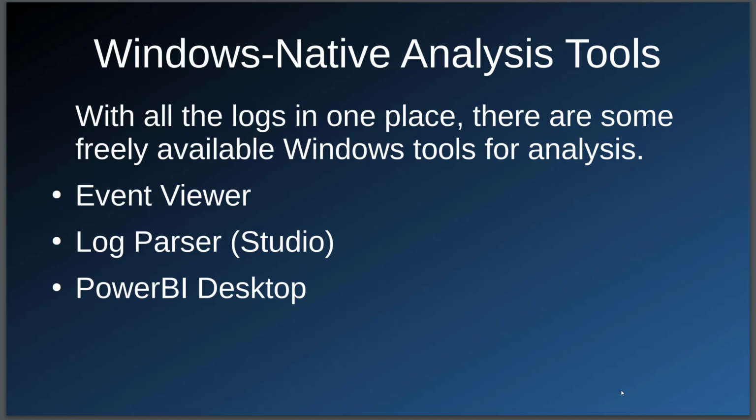So you can look for it in Event Viewer, and there's some basic functionality there for searching for strings or jumping to the next match, that sort of thing. But it's really a pretty rudimentary tool. You don't want to be doing a lot of analytic work with Event Viewer. It's adequate for checking if something is there or not, but for doing data analysis and trying to spot larger trends, it's really very cumbersome.